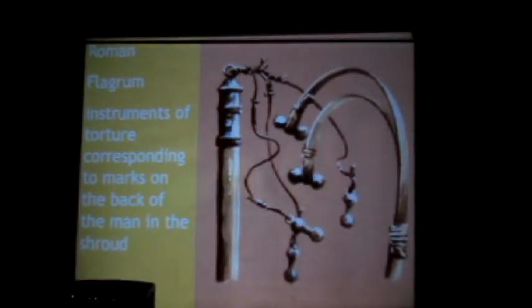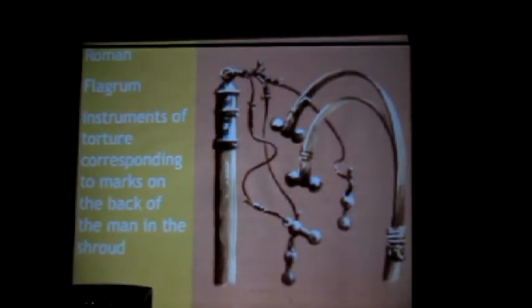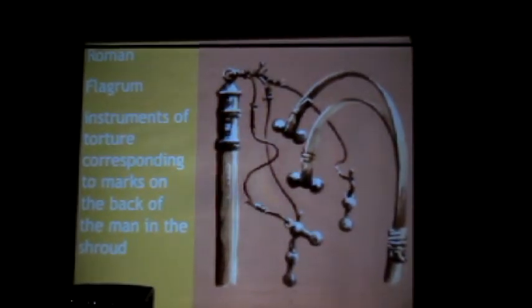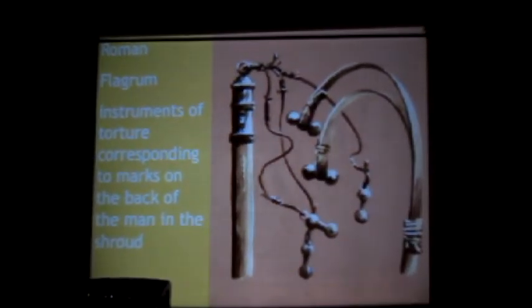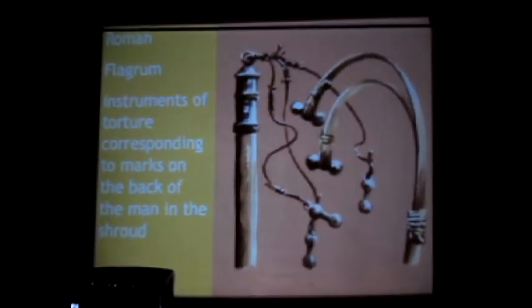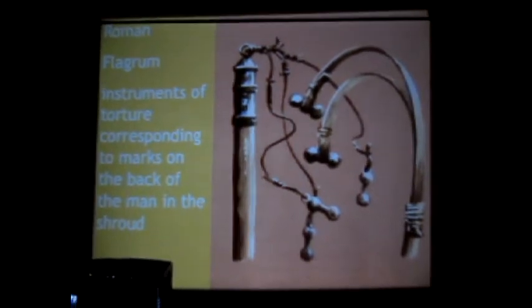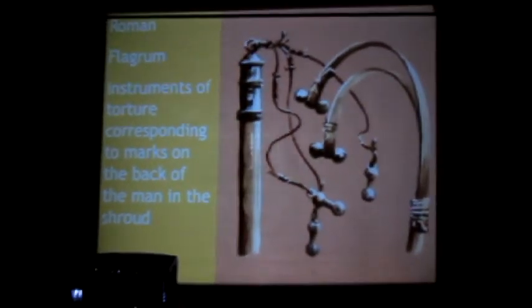In Deuteronomy 25:3, it's stated that the lashes had to be limited to 40, and no instruments resembling the Roman flagrum were ever used. So you have three times what could have been done under Jewish law done to this man. Roman law had no limit to how many times you could beat a person.